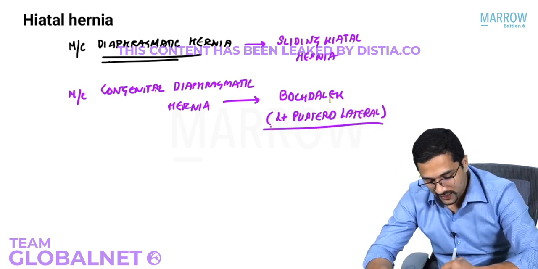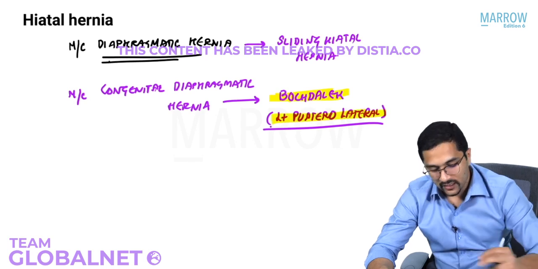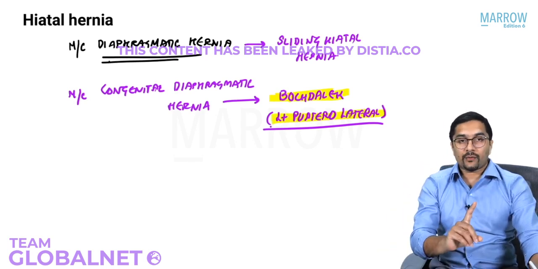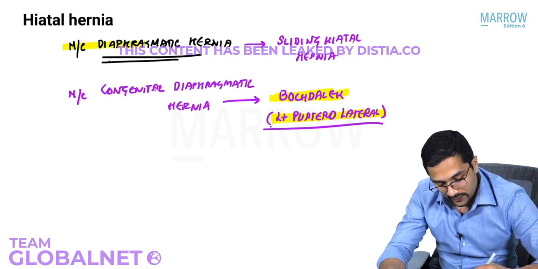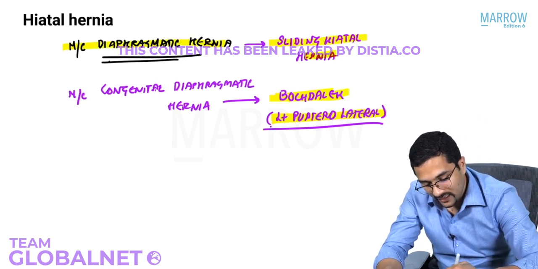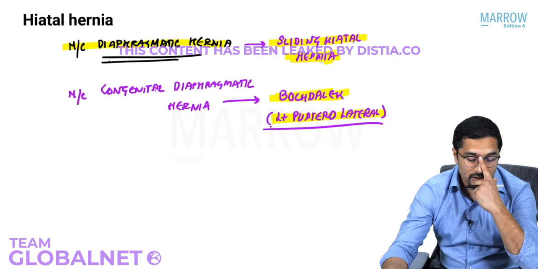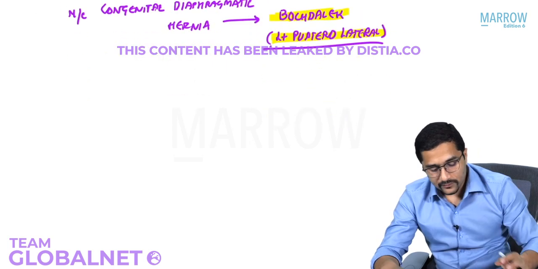Right? So it is Bochdalek hernia, which is left posterolateral, which is the most common congenital diaphragmatic hernia. But the most common diaphragmatic hernia is a sliding hiatal hernia. So there should not be any confusion regarding these two statements.